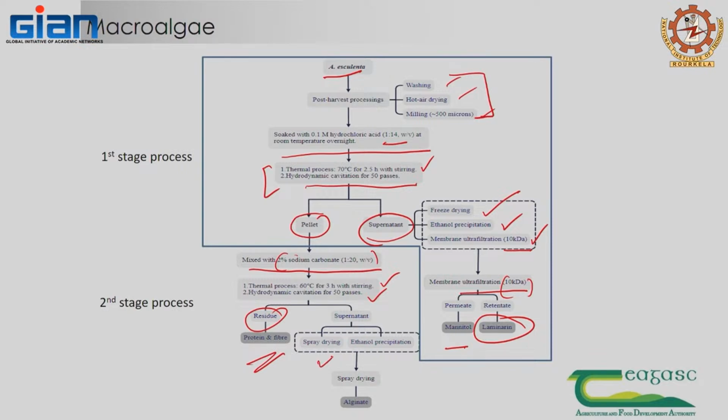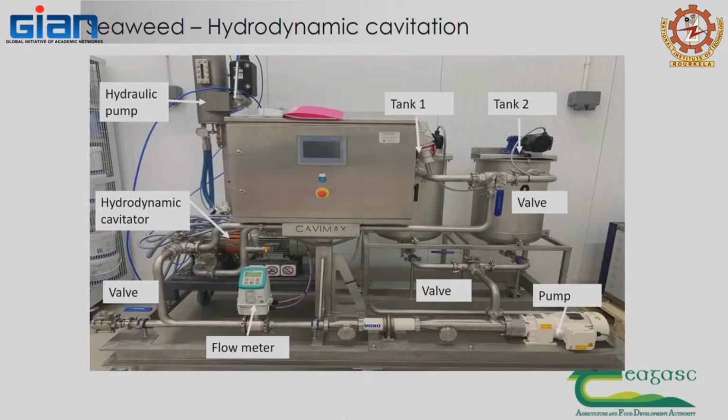Supernatant, direct spray drying, crude alginate, ethanol precipitation, pure alginate, and then to measure the properties of alginate by using your FTIR or TGA and all those analyses to compare with commercial alginate to prove the point how good your process is. Now, all these key steps were done again with the same hydrodynamic cavitator.